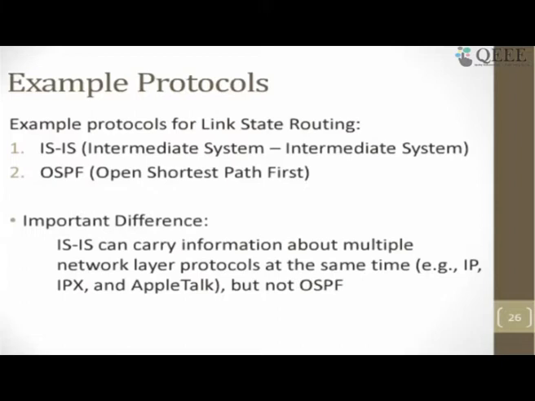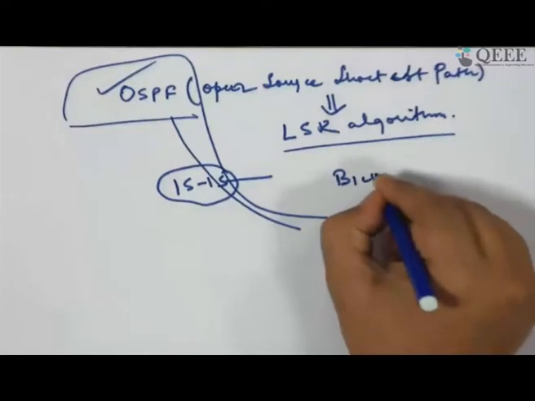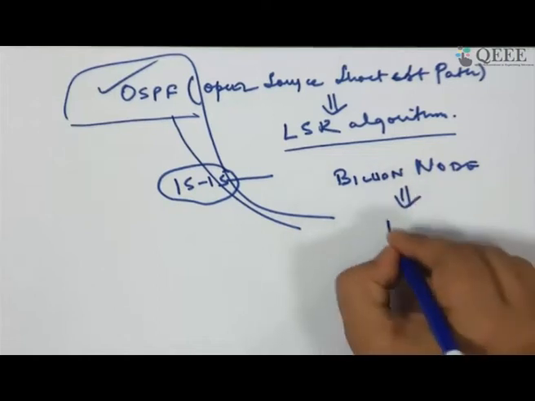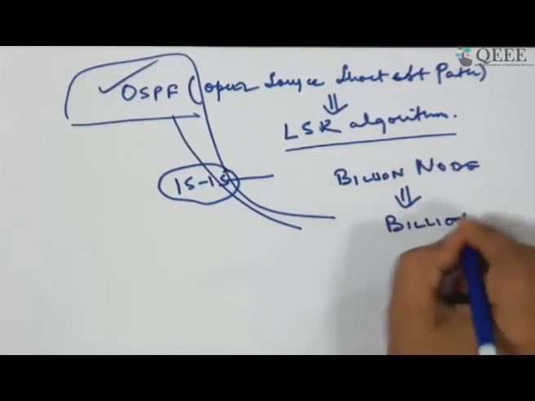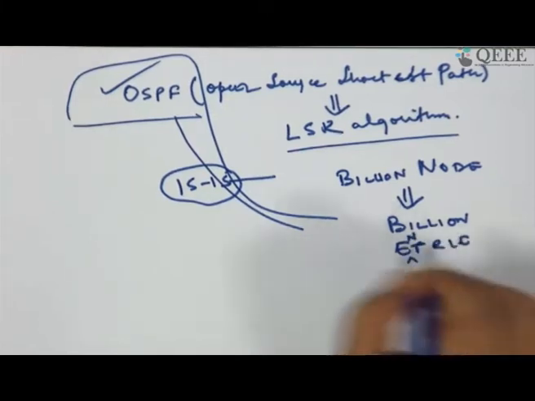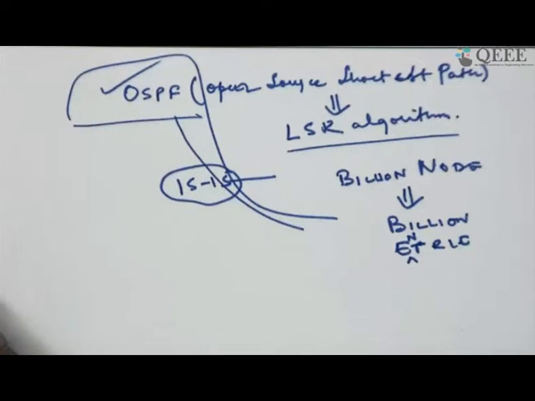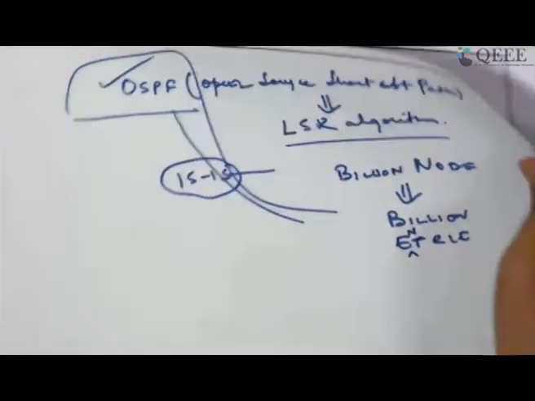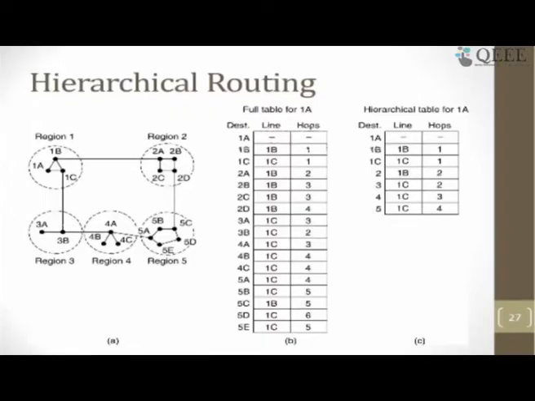If there are a billion nodes, you will have a billion entries in the routing table, which we don't want. So the next algorithm is hierarchical routing.